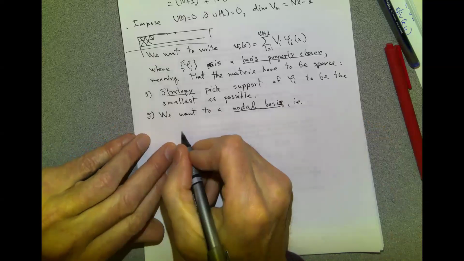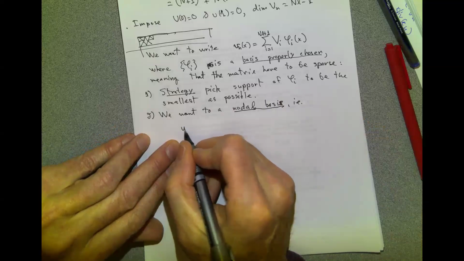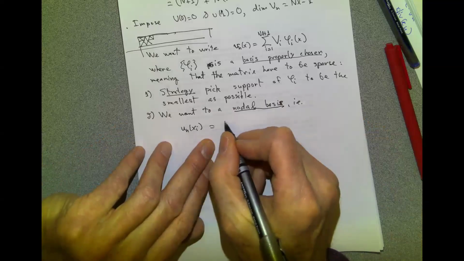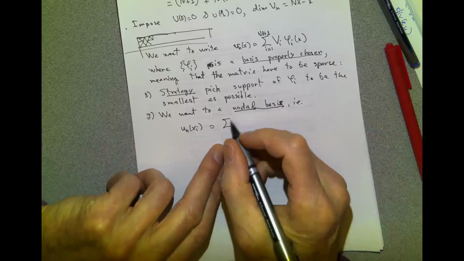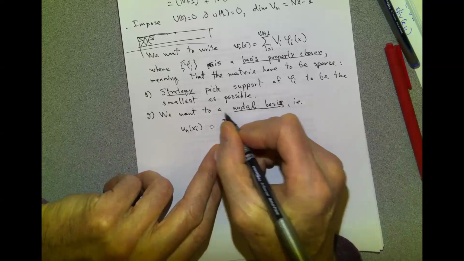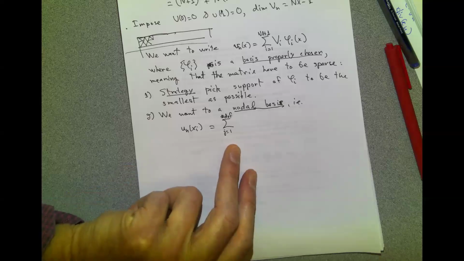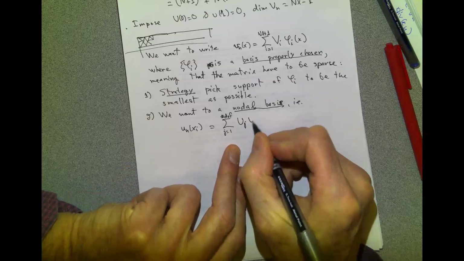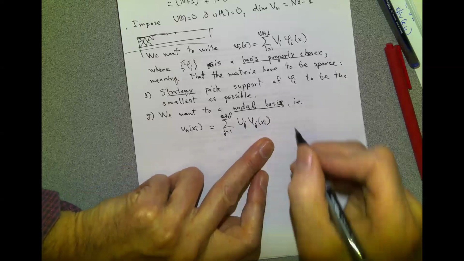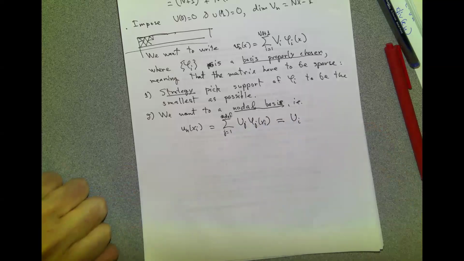We want to have that v_i or u_h of x_i equal to the sum of j going from 1 to the total number of degrees of freedom, u_j phi_j of x_i. I want this to be equal to u_i. I want this to hold.